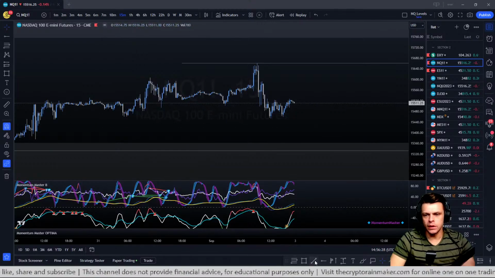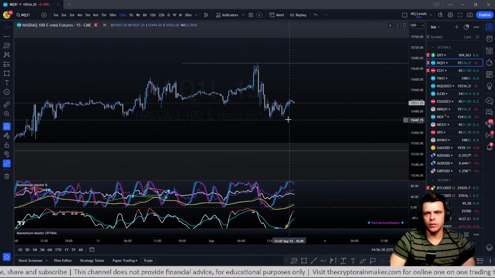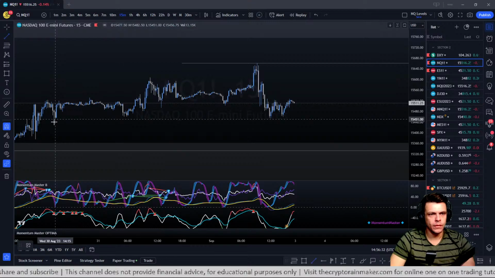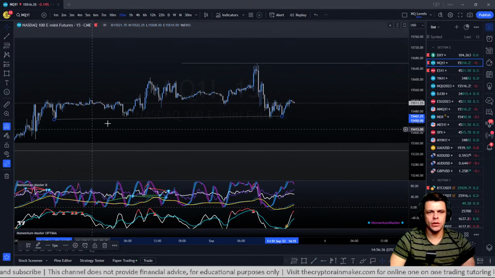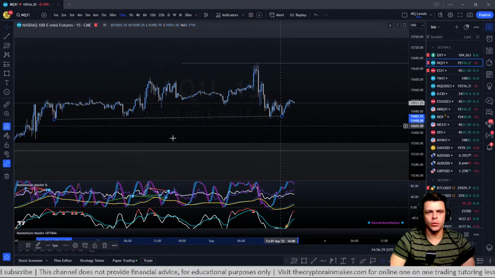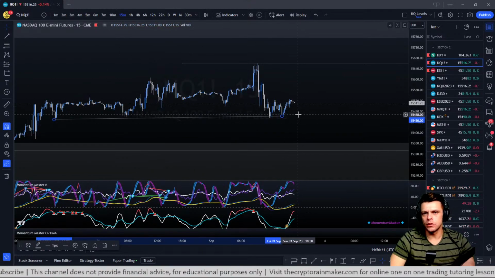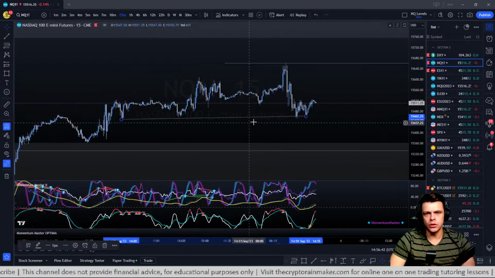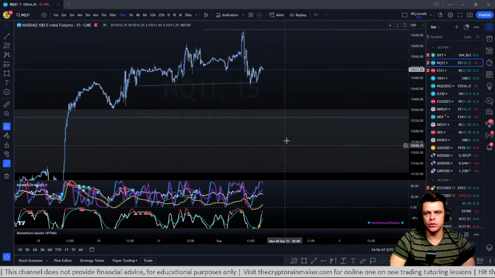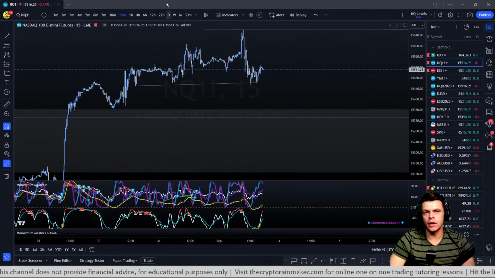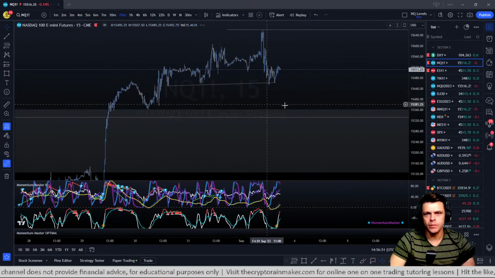And then we have these relative equal lows right there. So we can assume there's going to be a build up of sell side liquidity below these lows. And it looks like this 15-minute wants to push right into that area and into this gray box, which is the daily fair value gap that we identified.